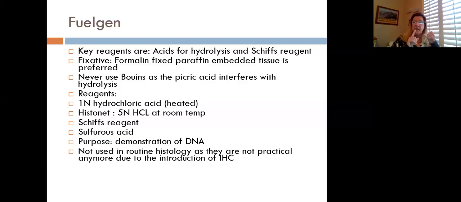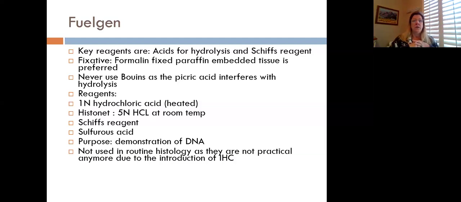So our reagents, we have a 1 normal hydrochloric acid that Carson's going to tell you to heat. Okay, I'm going to tell you otherwise, because really we don't want to heat hydrochloric acid. It's dangerous.